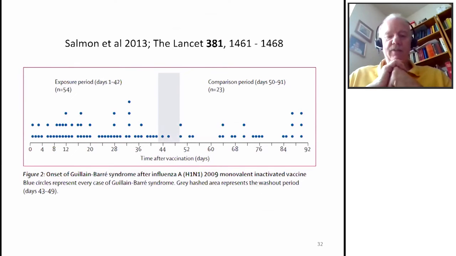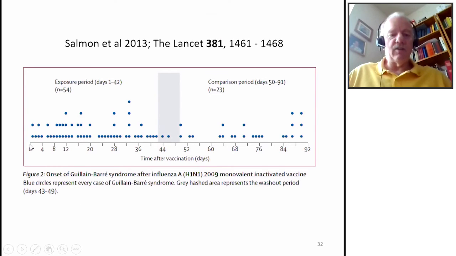And so we've got this little dot plot here. So this is days 1 to 42 after getting the shot, and this is days 50 to 91. This is the same period of time, and you can see that there are quite a few more people who got Guillain-Barré syndrome within the first 42 days.